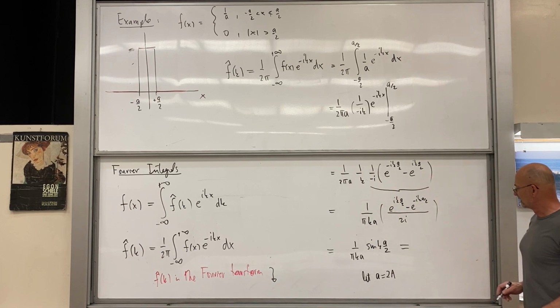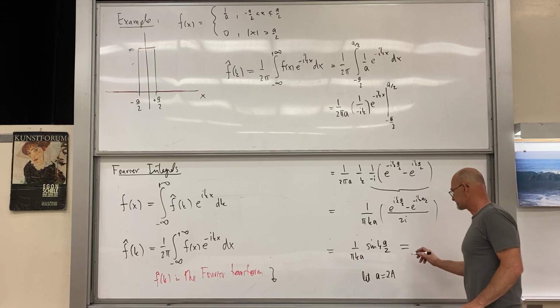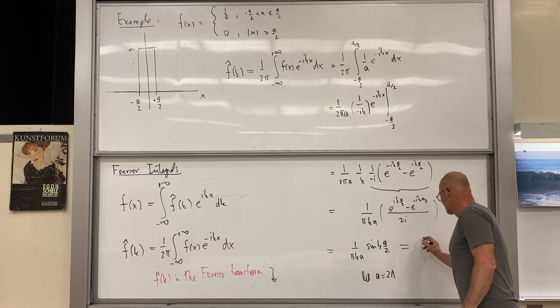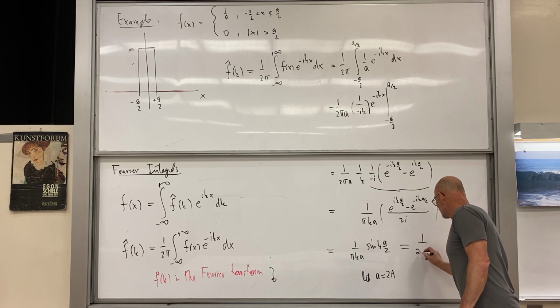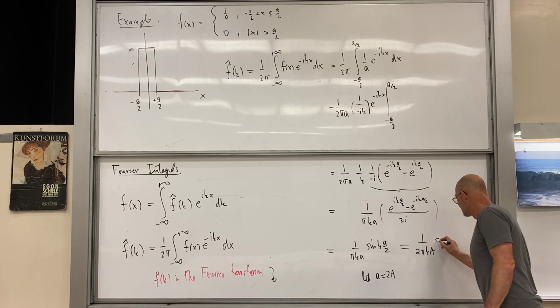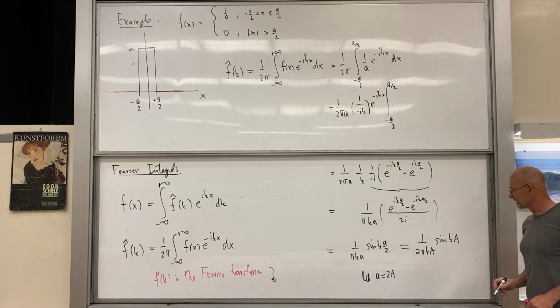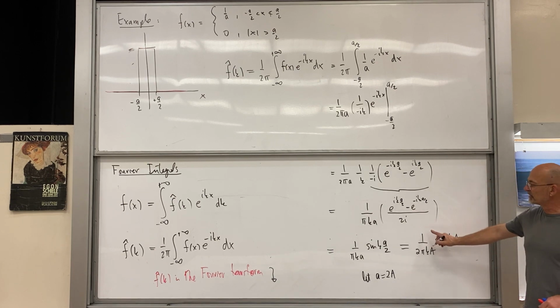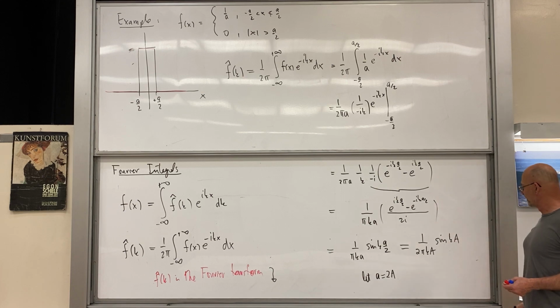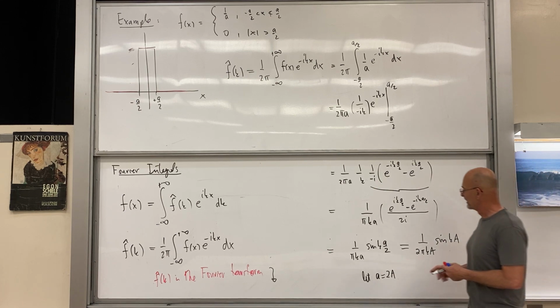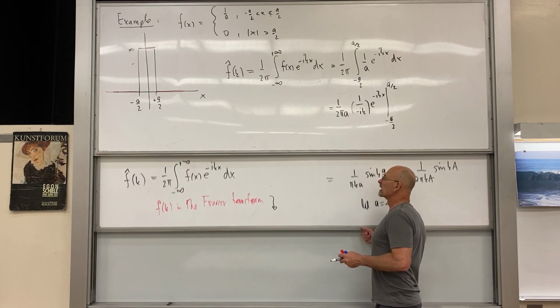That'll just give us a cleaner result here. So then we'll have 1 over 2 pi ka times sine of ka. This one will be easier to interpret. We don't need that a over 2 there. But they're both the same. They're both identical. So let's graph this thing and then interpret it.